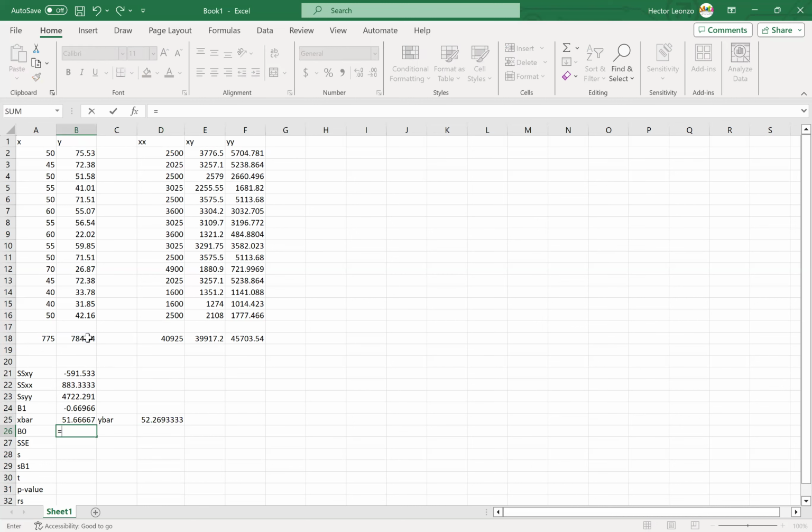My beta 0 equals y bar minus beta 1 times x bar. My sum of the squares of the error equals sum of squares of y minus sum of the squares of xy times beta 1.